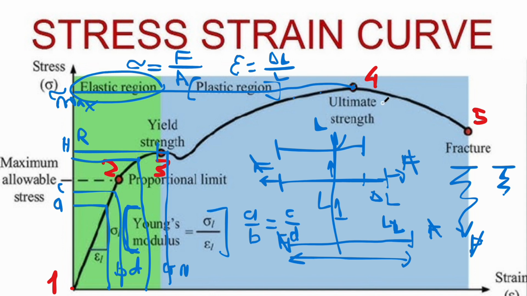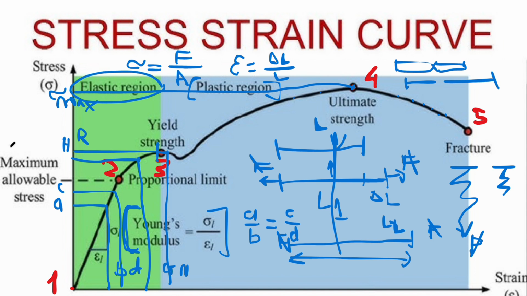After it, the stretch is discrete, and the stick has a neck here, a neck in here, and at point number 5, the fracture point, it is brought up at this point.